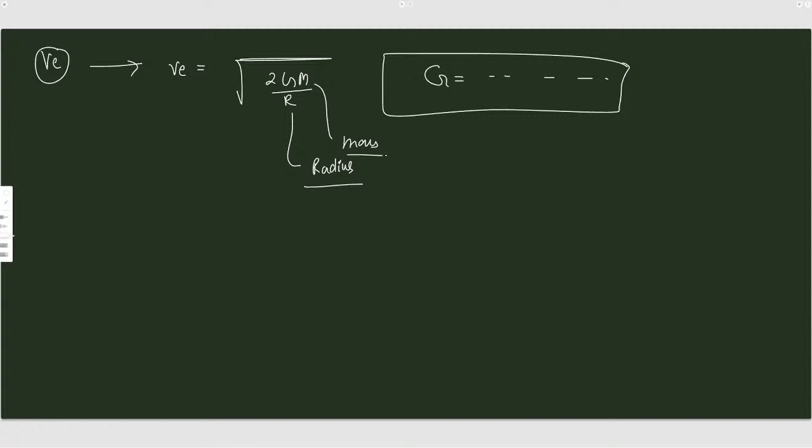And we have learned one more formula of escape velocity, which was root 2gR. With the help of this one, we have already calculated the escape velocity of Earth, and it comes as 11.2 km/s, kilometers per second. It's a pretty amazing fact, but you need to learn this formula.